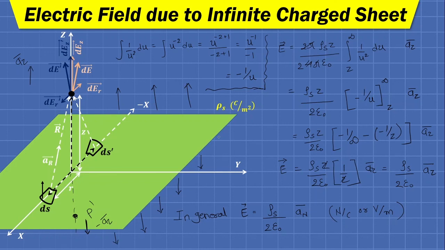Okay, so no doubt the direction of intensity will depend on the location of the point, in either half of the infinite sheet, but the magnitude of field intensity will always be the same, and which will be equal to rho s upon 2 epsilon 0.